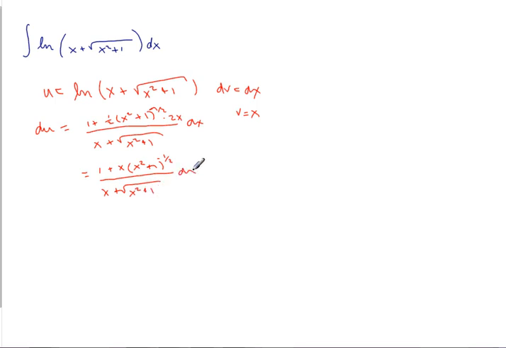And I'm going to simplify that even a little bit further. If I multiply top and bottom by the square root of x squared plus 1, then I'll get that negative exponent out of the way, right? So I get the square root of x squared plus 1 plus x over x times the square root x squared plus 1 plus x squared plus 1.